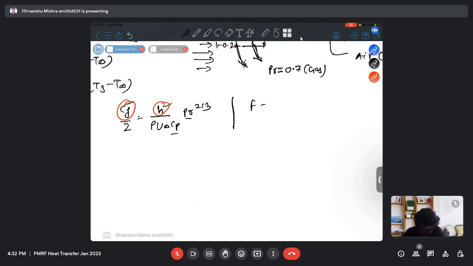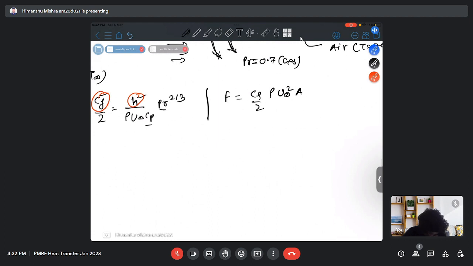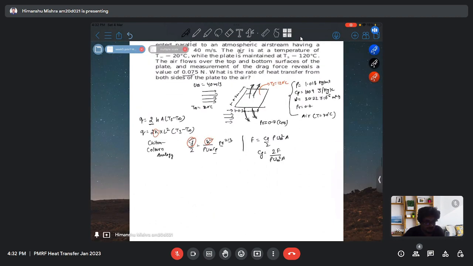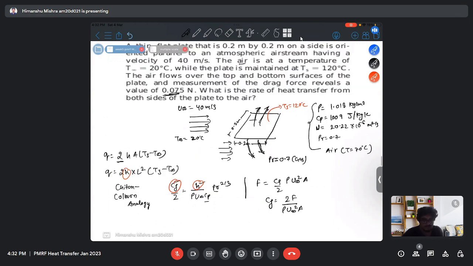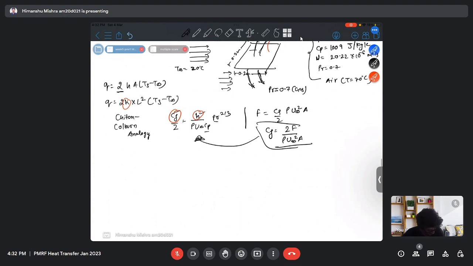My drag force will be half rho U infinity square and area, so my skin drag coefficient will be 2F over rho U infinity square times area. And we are already given the drag force, which is 0.075 Newton. So we will use this relation to define the heat transfer coefficient.